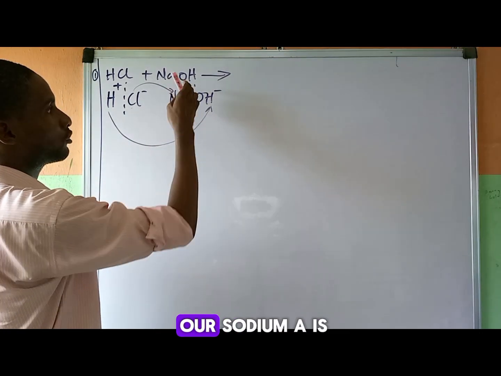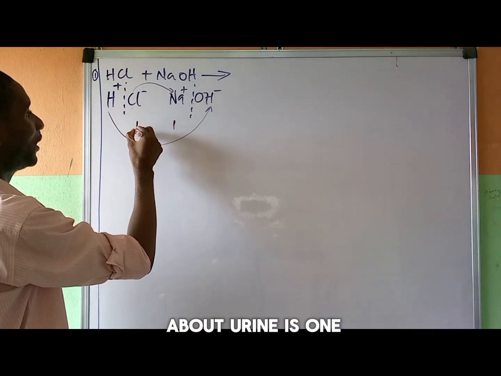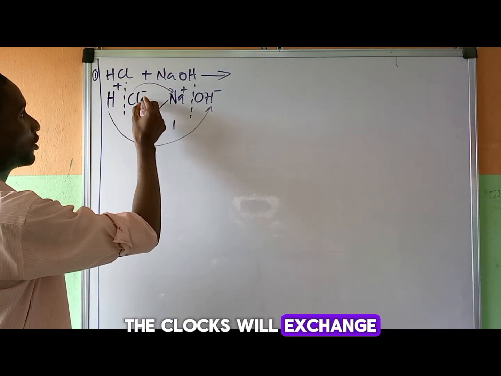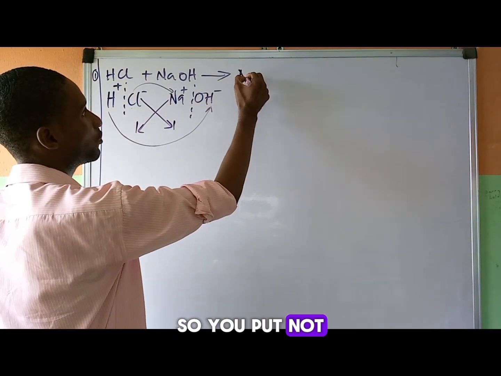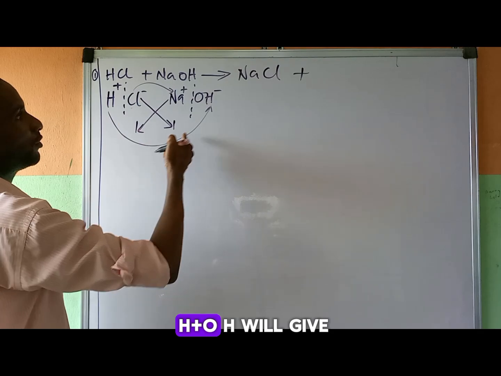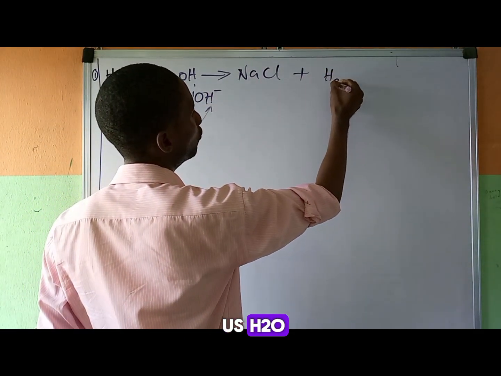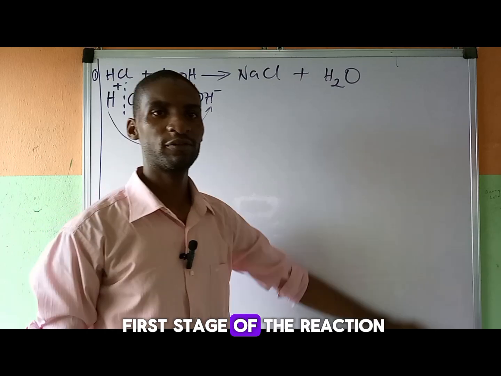The oxidation number of sodium here is plus 1, and the oxidation number of chlorine here is 1. So they exchange, and you have Na1Cl1. So the product will be NaCl plus, then H plus OH will give us H2O. So this is the first stage of the reaction.